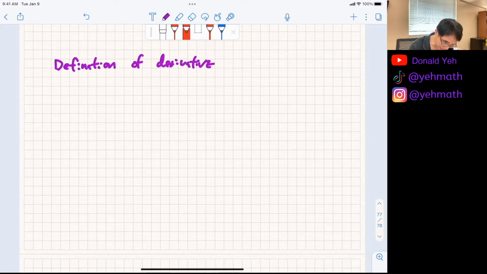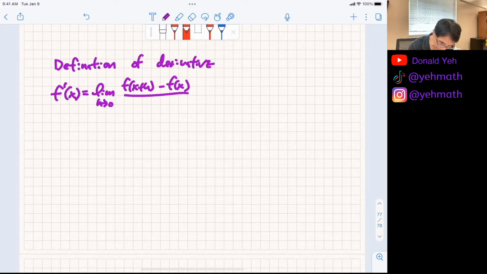F prime of x is equal to the limit as h approaches 0 of f of x plus h minus f of x over h. Yesterday we did 33, 35, 37. Today you are doing 34, 36, and 38. 38 is probably going to be the hardest one.